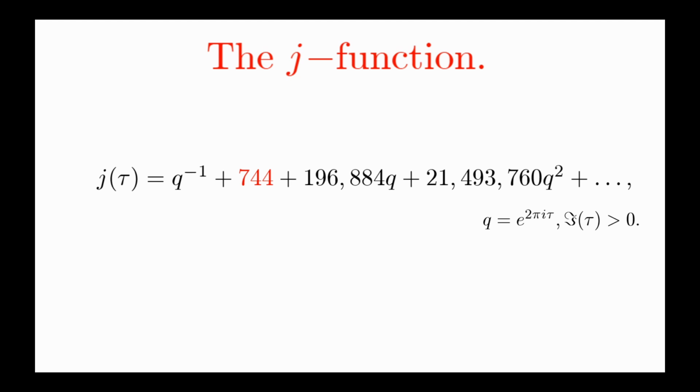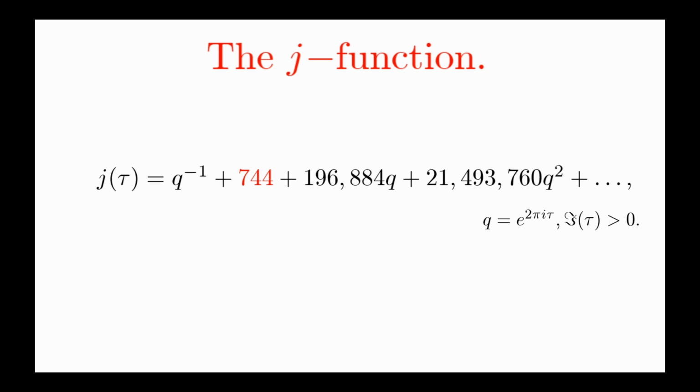At the moment, we are not actually giving a definition for the j function. We are just showing a few terms in the Fourier expansion of the j function. Here tau is a complex number in the upper half plane, and q is equal to e to the 2 pi i tau.